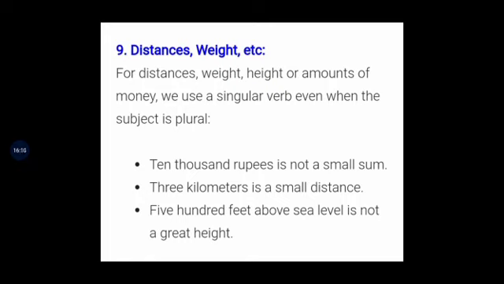So here 10,000 rupees is a plural subject, but with distance, weight, height or amount of money, we take the singular form of the verb. 10,000 rupees is not a small sum.